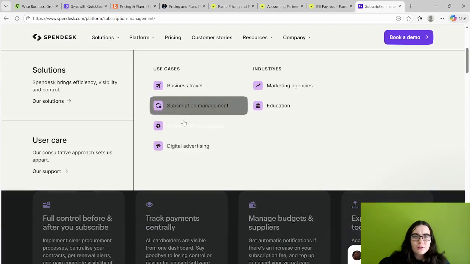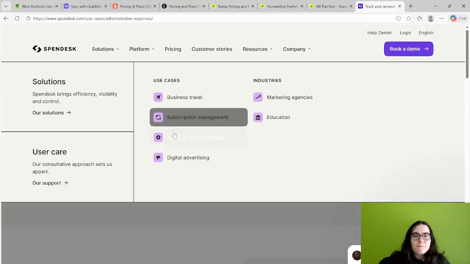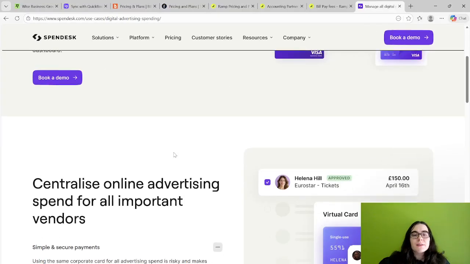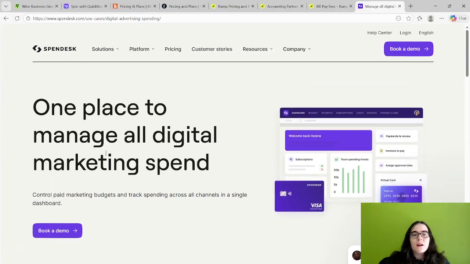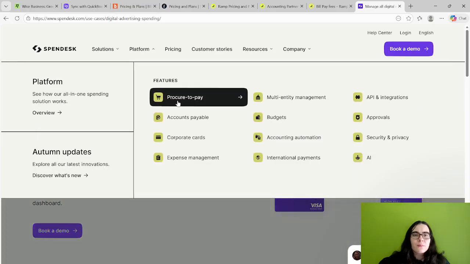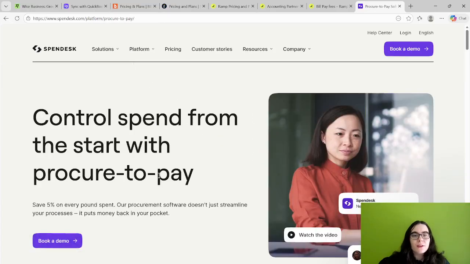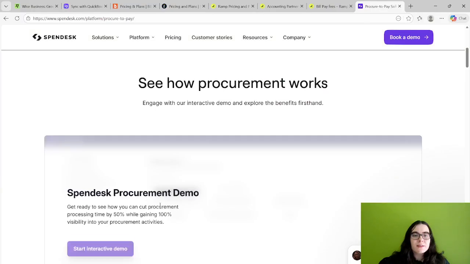They have a similar solution for advertising expenses. So if your business does a lot of digital advertising, it'll help you centralize all of that and look for areas where your spending is maybe excessive. And then they also have this procure to pay feature that really helps with the procurement process.